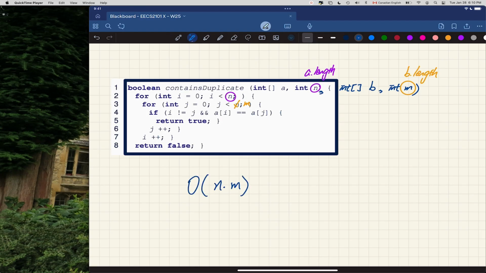Your fellow student was asking, would this be just the same as big O of n squared? No, not really, because we have no idea what the relationship is between the sizes of this array and this array. So for this question, it will be sufficient just to say n times m, where n is the size of one input and m is the size of the other input. So this is a more accurate way of saying things over here.